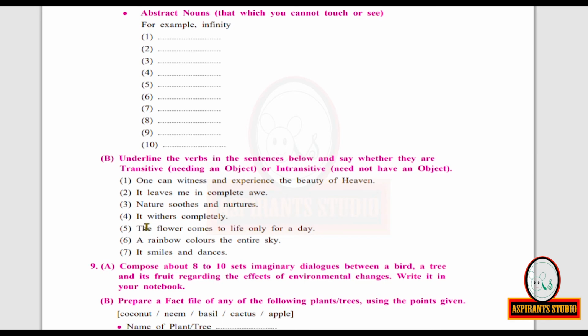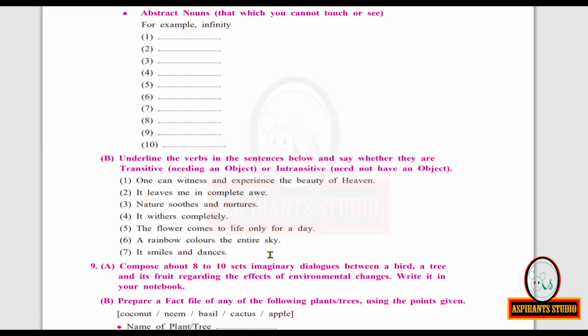See the fourth one. It withers completely. It withers what? Object is not there. Underline withers and write, pick up withers, put a hyphen and write intransitive verb. Similarly, do the next one. The flower comes to life only for a day. Underline comes. There is no object. So here, put a hyphen and write intransitive verb.